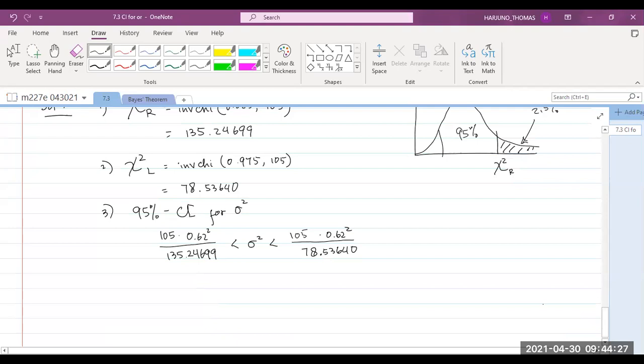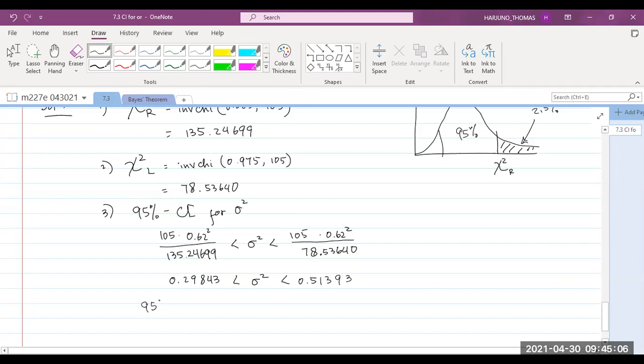Okay, now let me compute 105 times 0.62 squared divided by 135.24699. That is 0.29843 less than sigma squared less than, I get 0.51393.